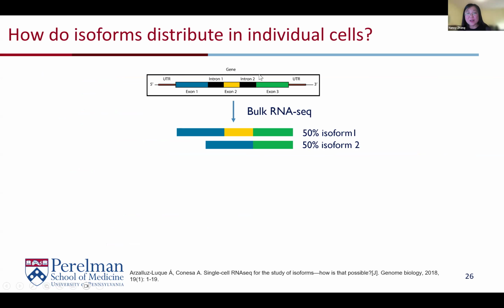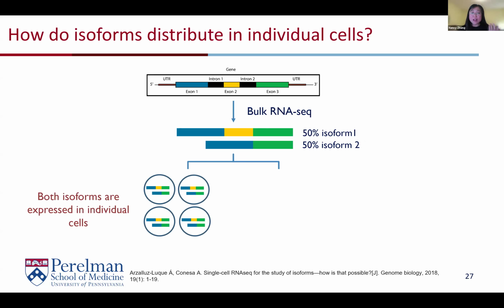Let's say that you have a gene that has two isoforms, isoform 1 and isoform 2, and in bulk sequencing you saw that it's about 50-50 between these two isoforms. Then the legitimate question to ask at the single cell level is, how do these two isoforms coexist within or between cells? There could be one scenario where both isoforms are in every cell, so each cell carries both isoforms.